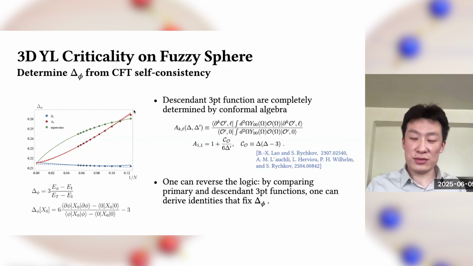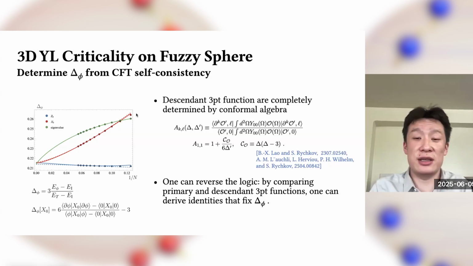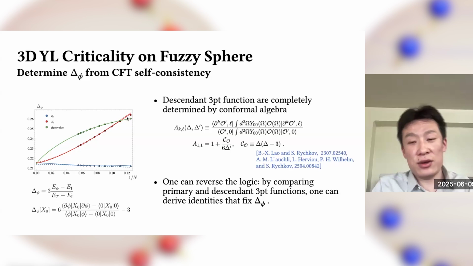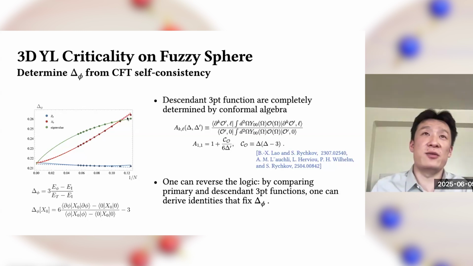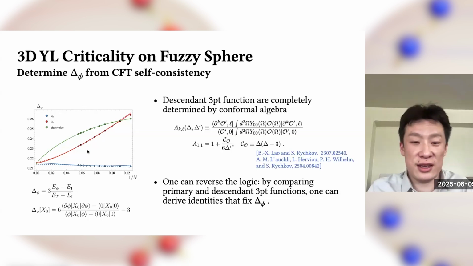Yeah, there's also an interesting discovery that we had in doing these 3-point functions in Yang-Lee CFT. There's a lot of CFT consistencies that we can check because there are so few parameters and it's overdetermined. There are many different ways in fuzzy sphere to calculate the same quantities in the CFT.